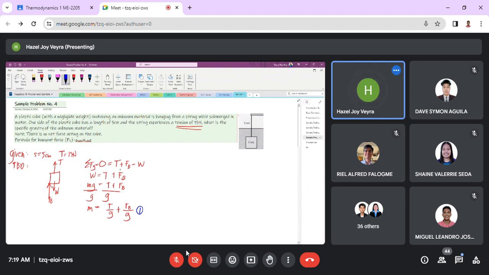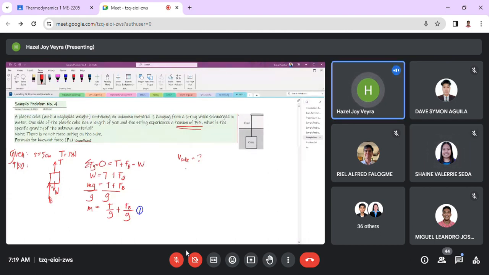Okay, now, since we are given dun sa the dimension of the cube, what's the formula for the volume of the cube? What's the formula? Anyone? Side cubed po. Correct.